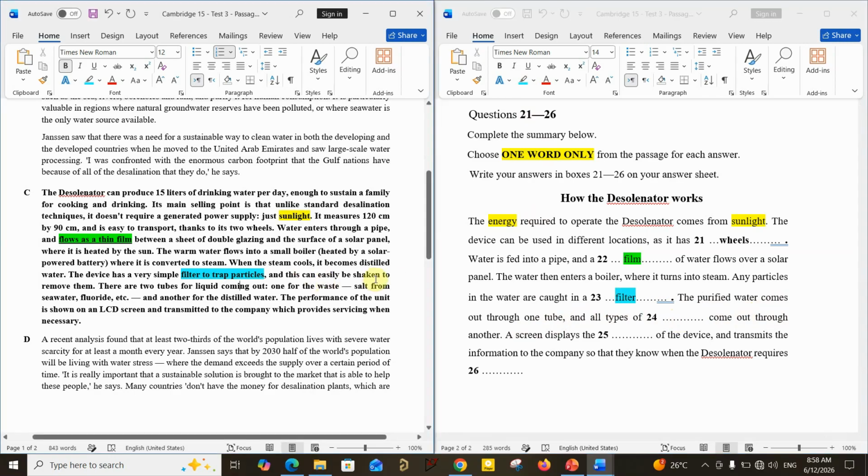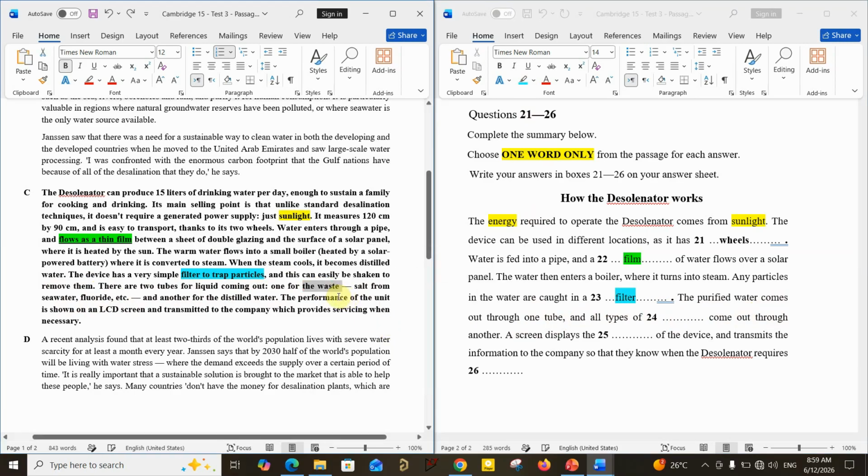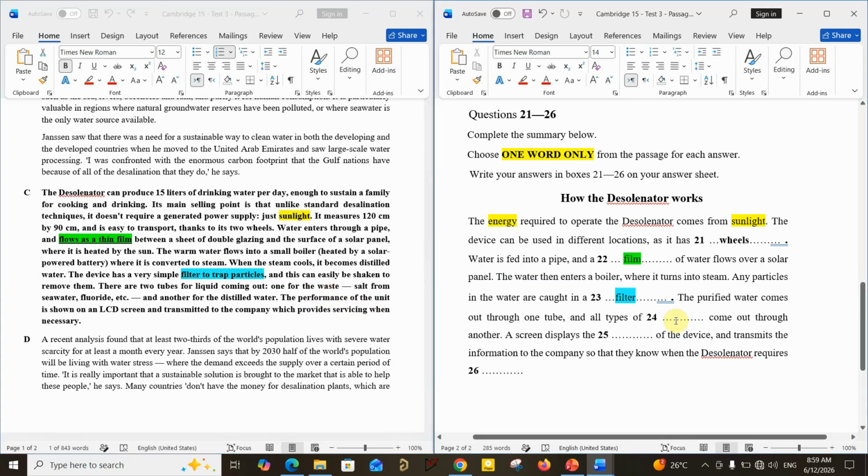There are two tubes for liquid coming out. One for the waste, salt from seawater, fluoride, etc. So all types of waste. That's easy. All types of waste come out through another.